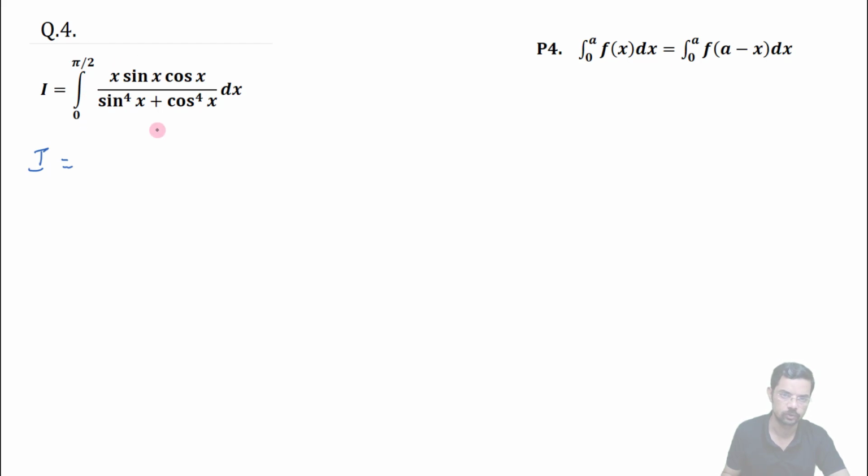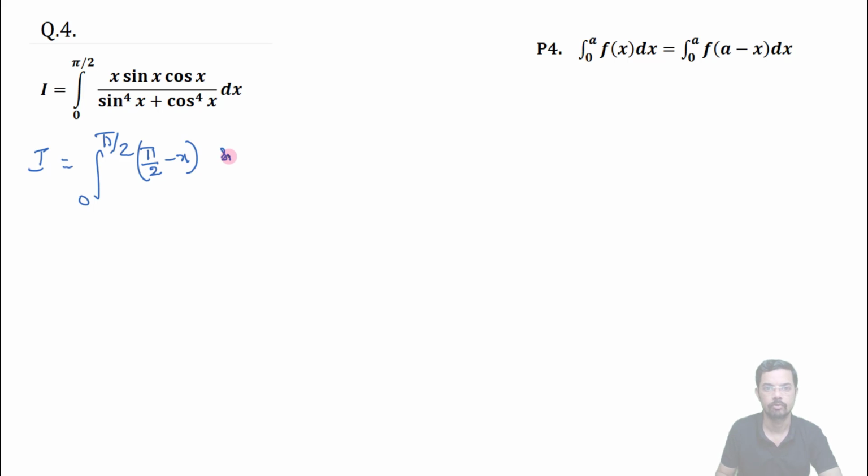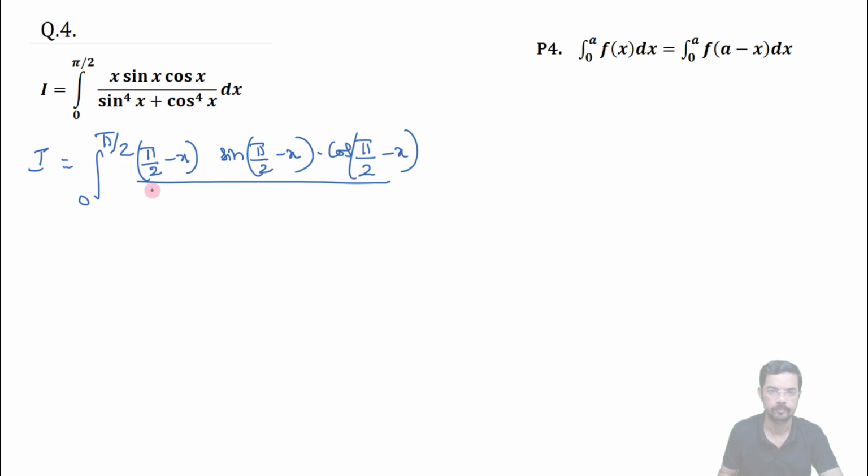So this is 0 to pi by 2. The integral from 0 to pi by 2, x will be replaced by pi by 2 minus x. So what we get here is pi by 2 minus x into sine of pi by 2 minus x into cos of pi by 2 minus x, whole divided by sine raised to 4 of pi by 2 minus x plus cos raised to 4 of pi by 2 minus x.